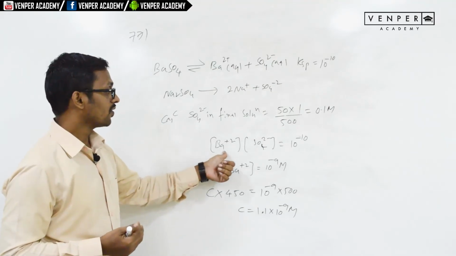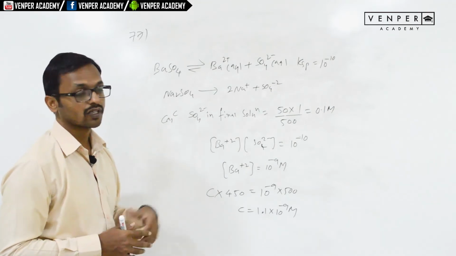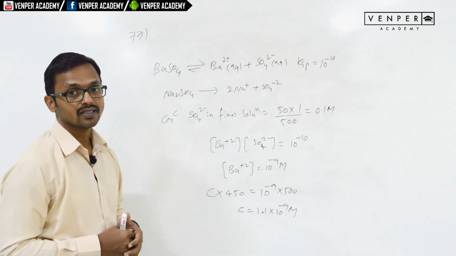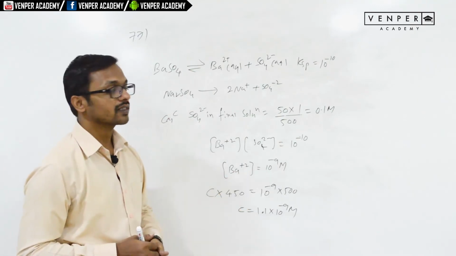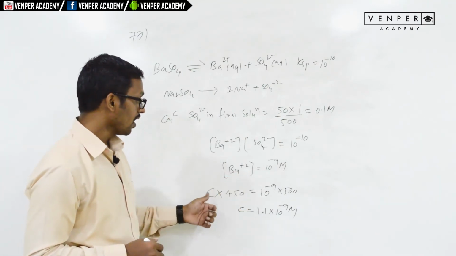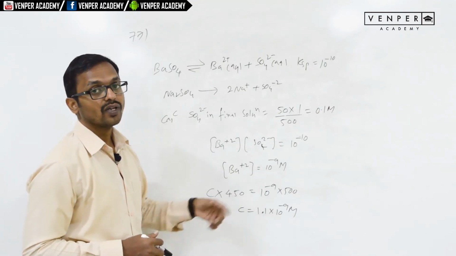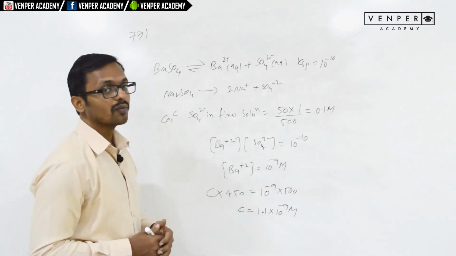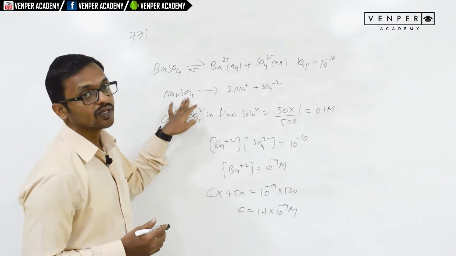And we know that the barium concentration into SO4 2- concentration, the product of this is 10 to the power of minus 10, that is given in the question, and Ba2+ is equal to 10 to the power of minus 9 molar, and this is for 500 ml of solution, but we have taken 450 ml of solution only, because 50 ml of solution is related to the sodium sulfate.